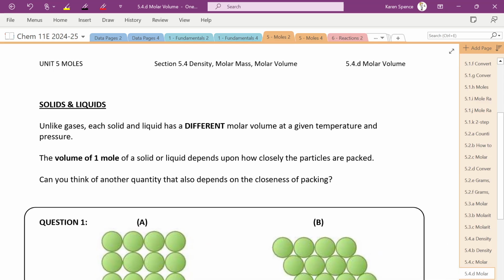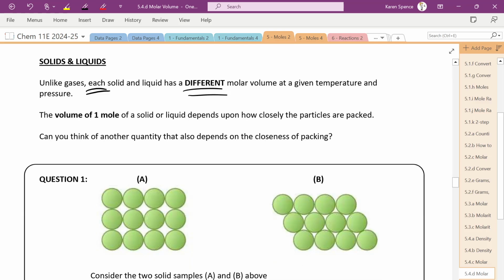Solids and liquids also have molar volumes, and they all have different ones. Each solid and liquid has a different molar volume at a given temperature and pressure. So gold will have a different molar volume than iron, copper, or sulfur.